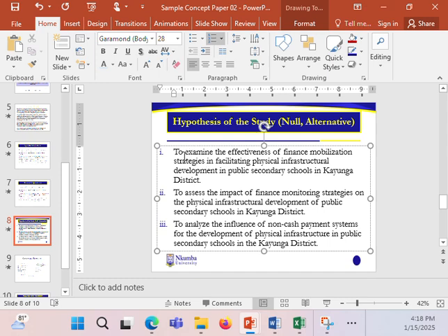For example, this objective, we stated an objective, not a hypothesis. We want to state its null hypothesis. So to state the null hypothesis, we usually use H naught, meaning null, H naught 1, with a subscript.